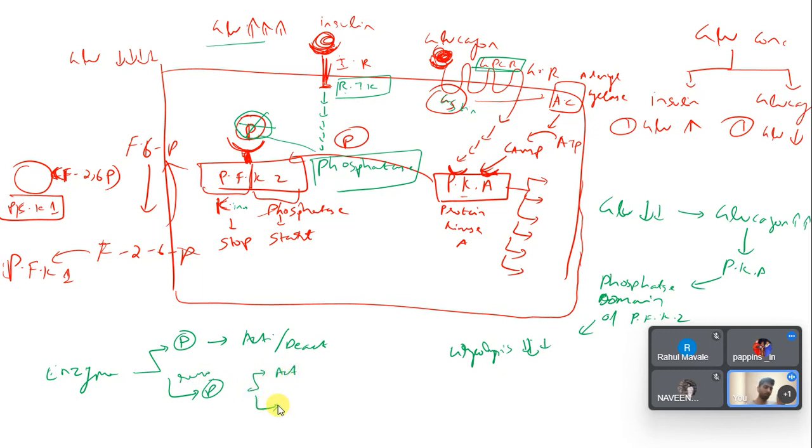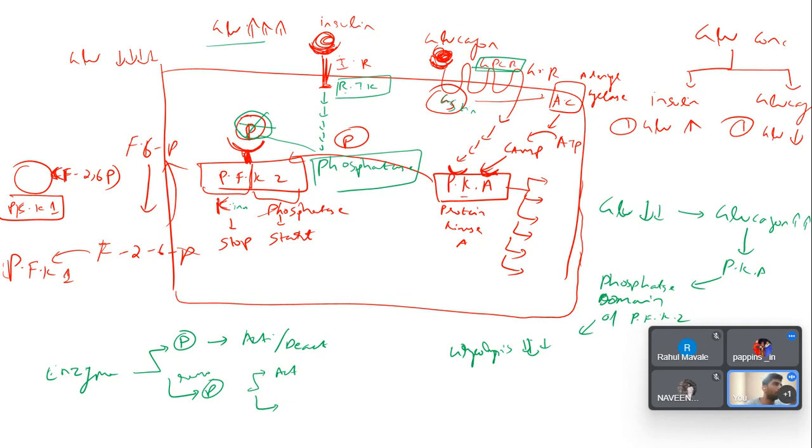Initially, when I was in lower classes, I used to think that when we add phosphate to any enzyme, that enzyme gets activated and does its function. But later, I came to know that it's not always the case. As I told you, PFK2 can act as a phosphatase as well. There is not much information in the lower classes, but when there is an addition of phosphate to any enzyme, it does not mean that enzyme will get activated all the time. It can sometimes lead to deactivation.